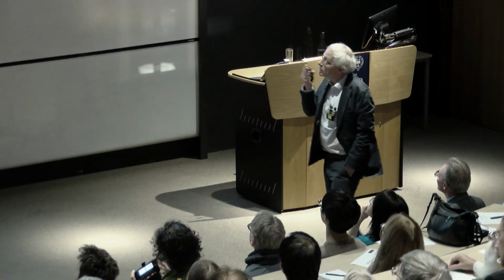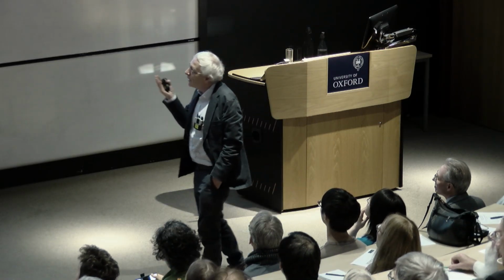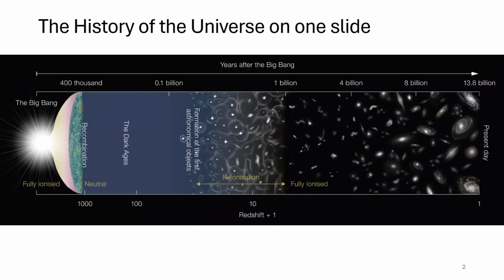This is a history of the universe in one slide, similar to what we had earlier. I could probably talk for an hour on various elements of this. I work in terms of redshift, and I'll explain that a bit later, but effectively redshift is a method that we use to infer distance.